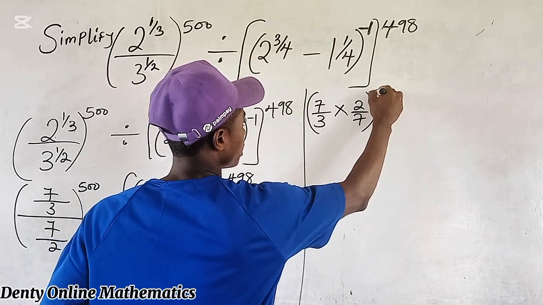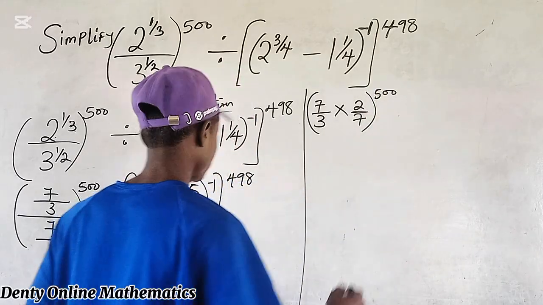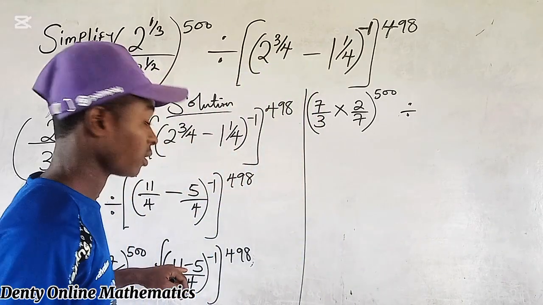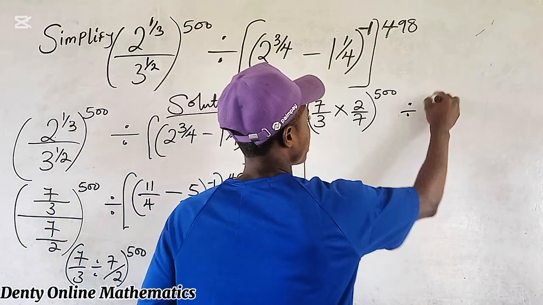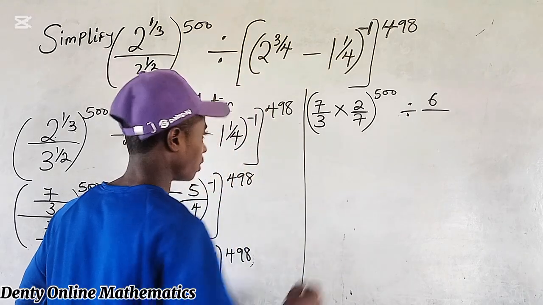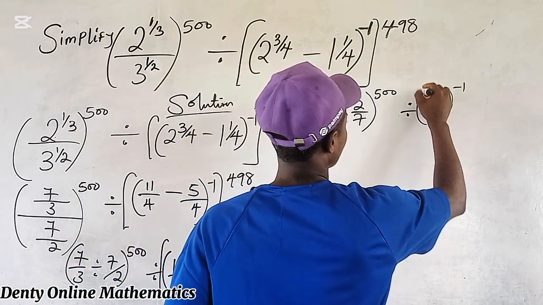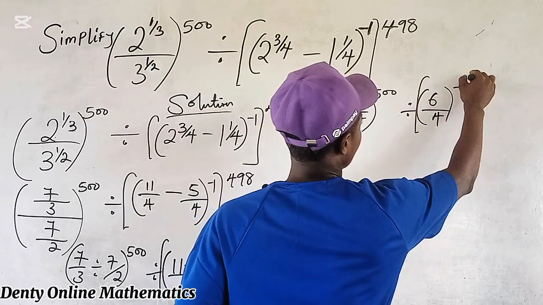All of this raised to the power of 500, divided by 11 minus 5 is 6 all over this 4 here, raised to the power of minus 1, raised to the power of 498.